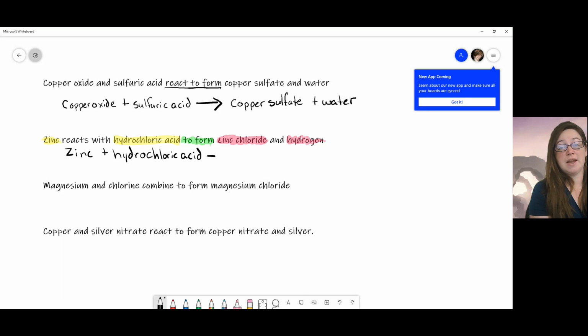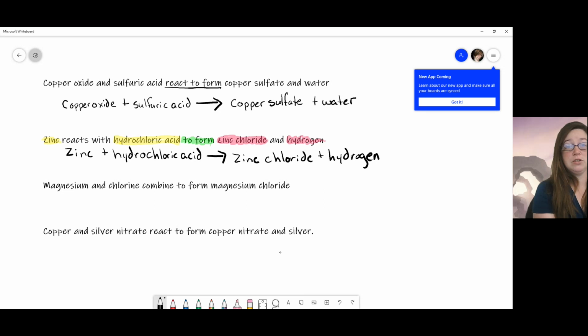"To form" is my arrow, and then everything that's in pink will be on the right side. Okay, so we're just writing it out in word form. These are called word equations.